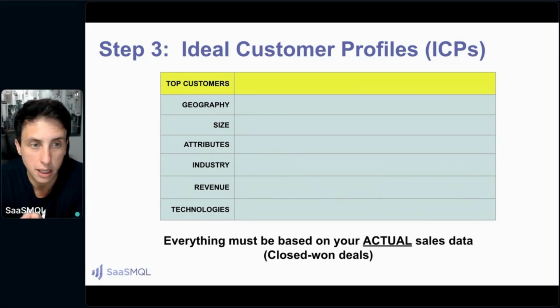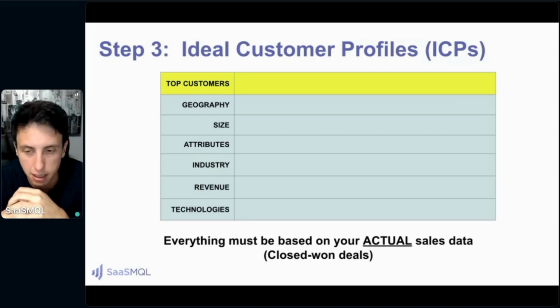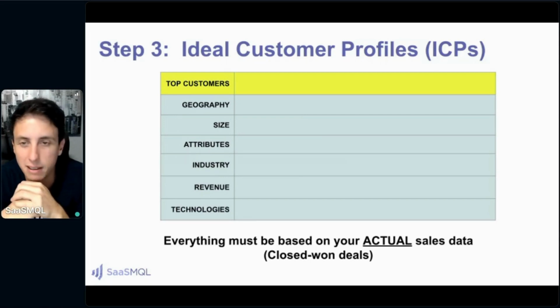So, for example, if you don't have any customer in the Fortune 500 list, you can't say that your ICP is Fortune 500 companies. Maybe you aspire to get there, but you shouldn't put all your marketing budget at targeting Fortune 500 if today you don't have any company of that size in your customer list, because you're going to be hitting a very steep uphill battle engaging those accounts.